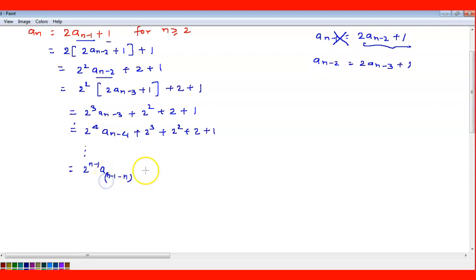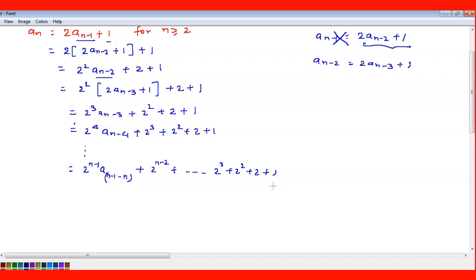Getting a1. This one will be how much? 4 was there, then 3. So here we are taking n minus 1, so here up to n minus 2, right? 2 to the power of n minus 2 and so on: 2 cube, 2 square, 2 and 1.